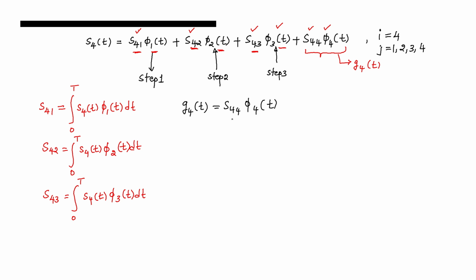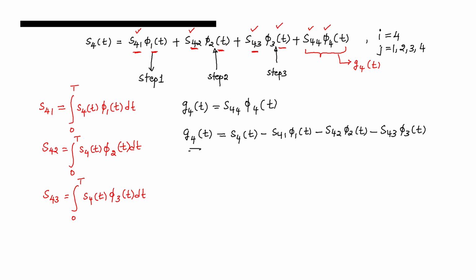We don't know what S44 and phi 4 of t are, but we can calculate G4 of t from the values: S4 of t is known, S41 phi 1 of t is known, minus S42 phi 2 of t is known, minus S43 phi 3 of t is known.